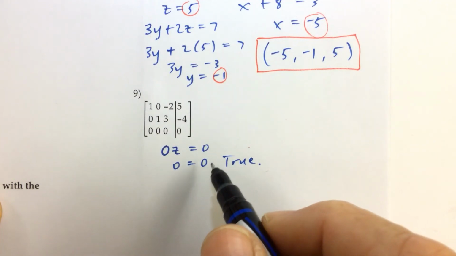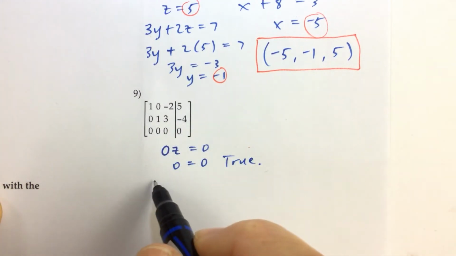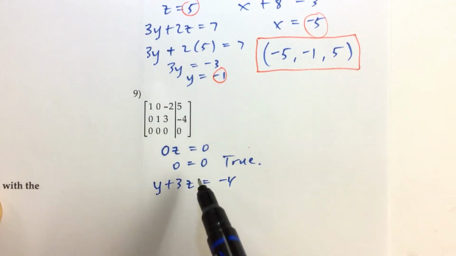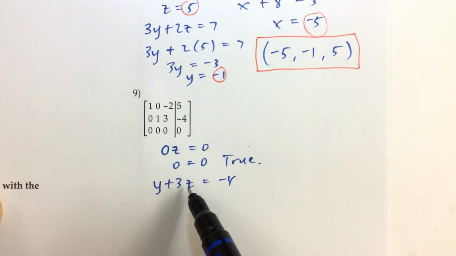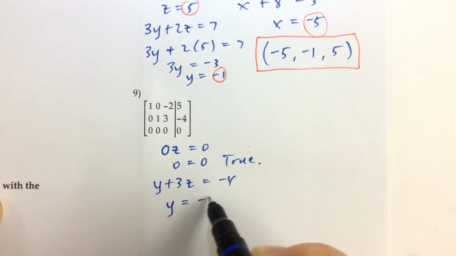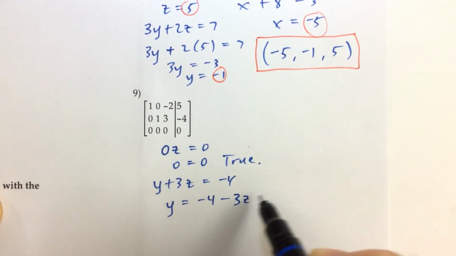And if z is any real number, then we replace in the second equation. So we have y plus 3z equals negative 4. If z can be any number, we don't pick a number for z. We just keep it as z. In other words, we solve for y in terms of z. So y is equal to negative 4 minus 3z.